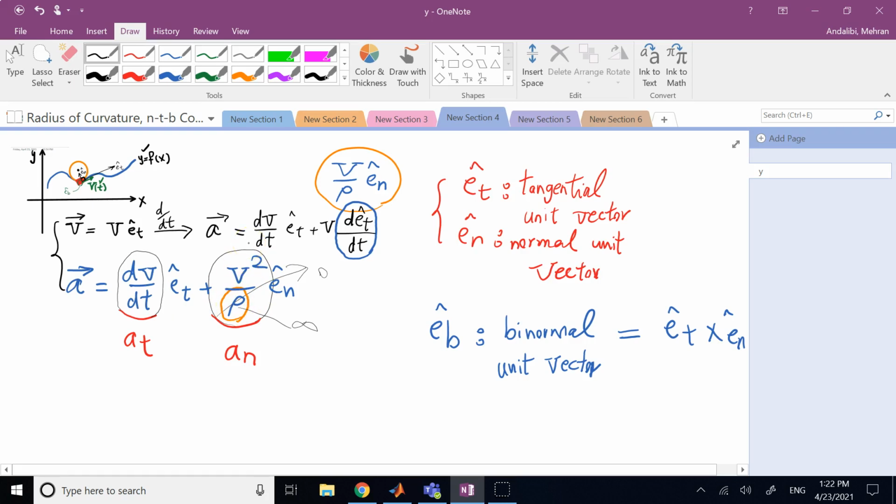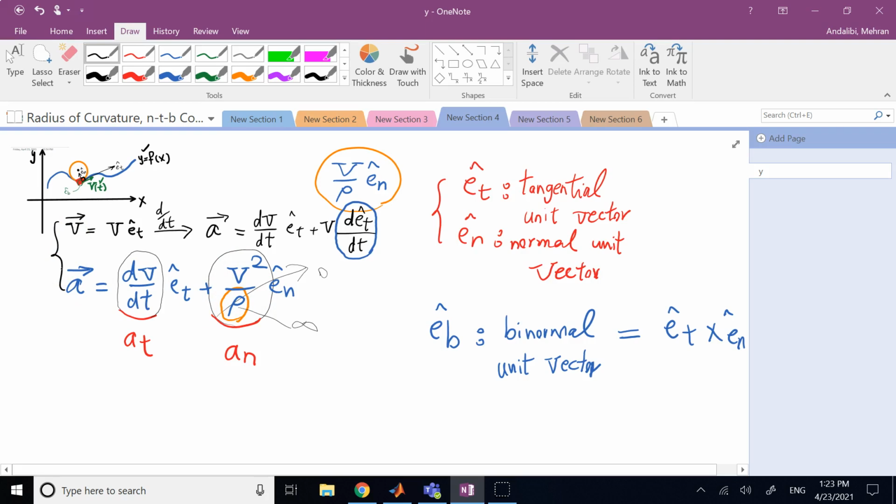You need to turn your steering wheel a lot. While if you are going along a traffic circle that is rather big and has a big rho, you do not feel so much force or acceleration. So you clearly see the use of this rho, how to calculate it, and where it is used for this NT coordinate.